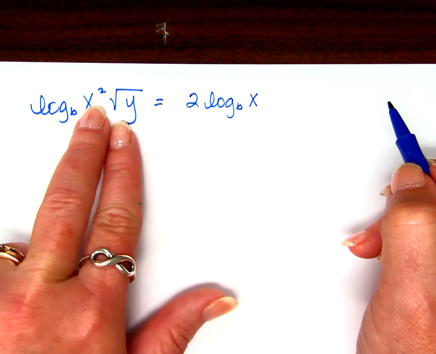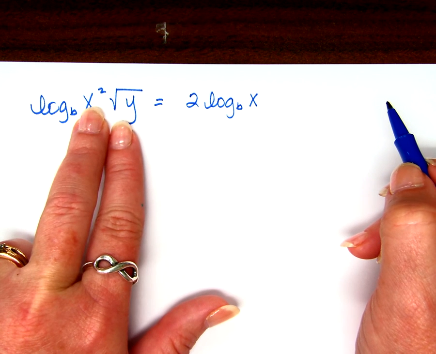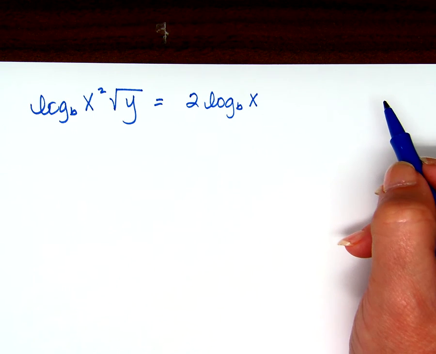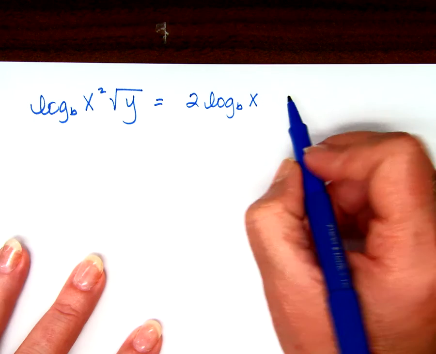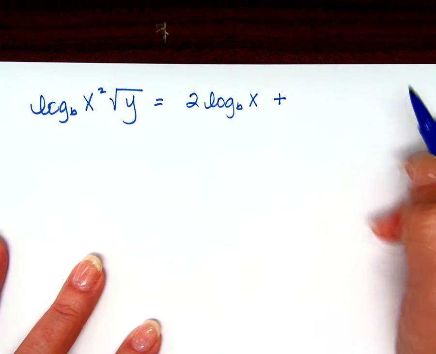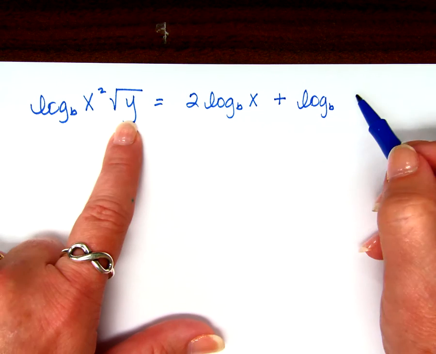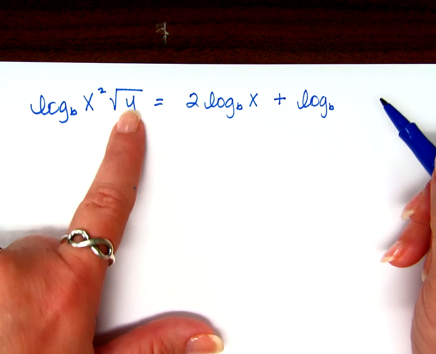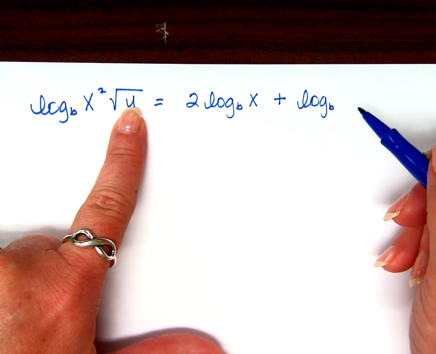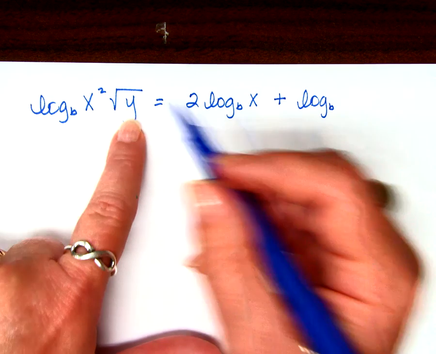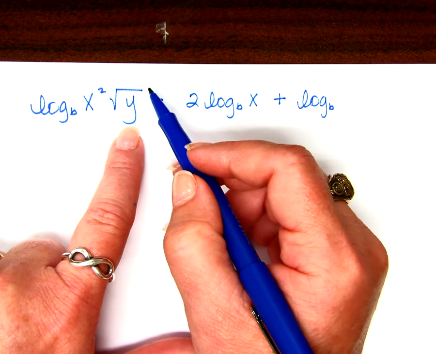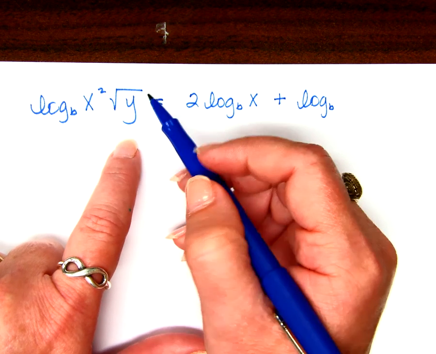What are these things doing to each other? They're multiplying, so we're going to use the power rule, and I add, right? Log base b of the square root of y? We don't want square roots in logarithms. Can't we rewrite y to some power to be the same as square root?